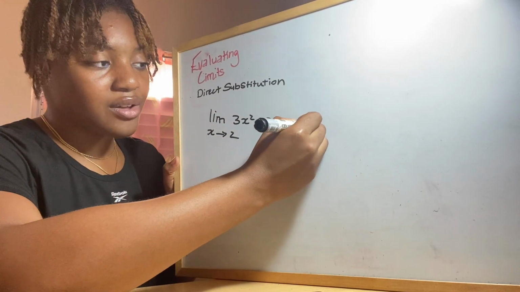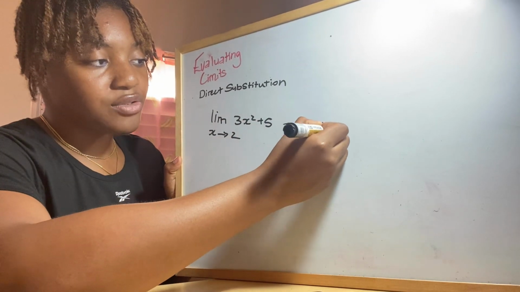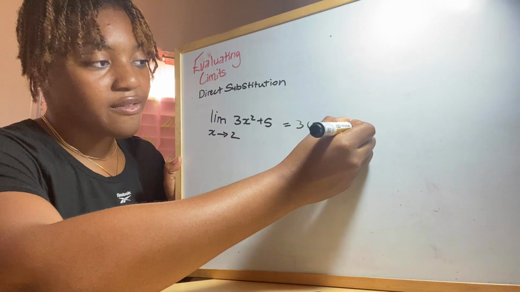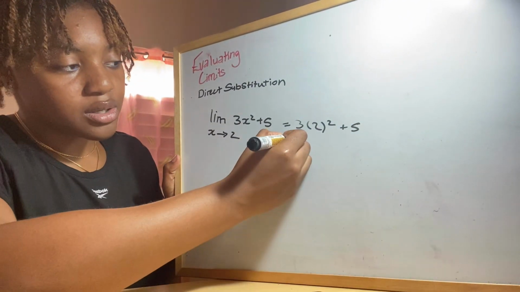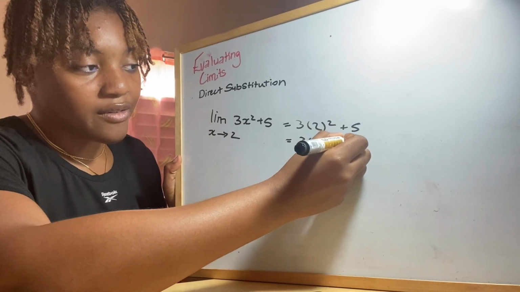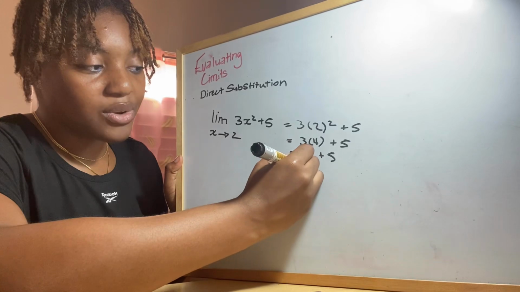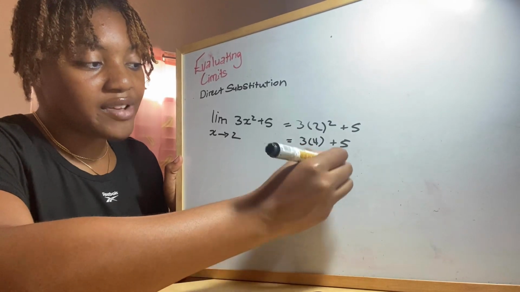So you would have the 3, you put 2 wherever you see x, so you have 3 times 2 squared plus 5, and that would be equal to 3 times 4, because 2 squared is 4, plus 5. 3 times 4 is 12, plus 5, and then you would have your limit as 17.